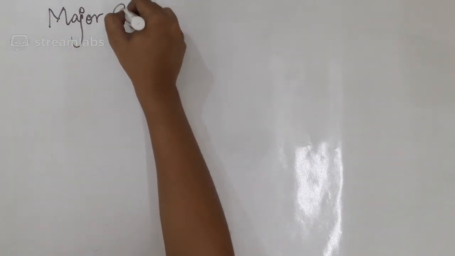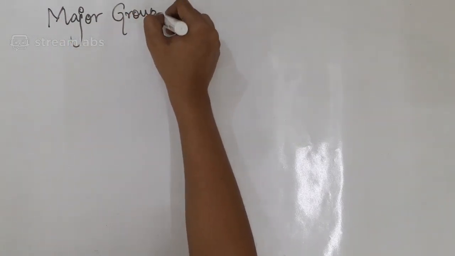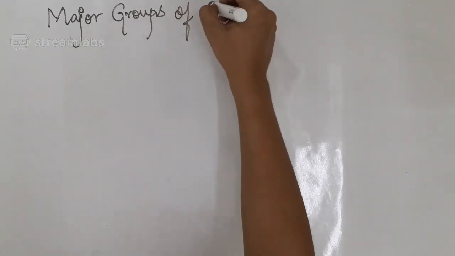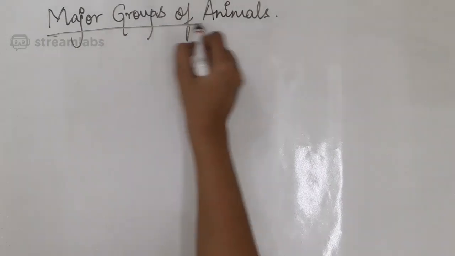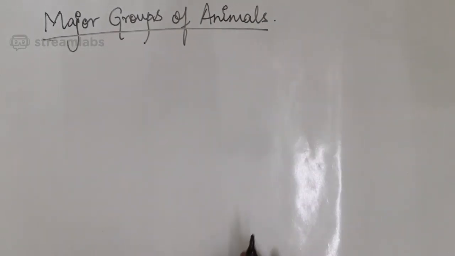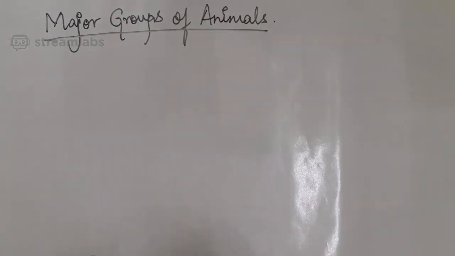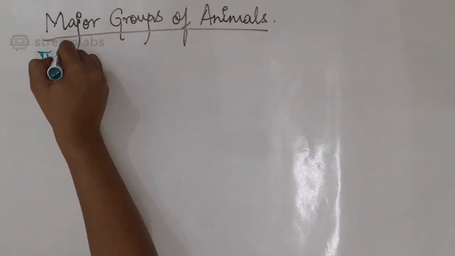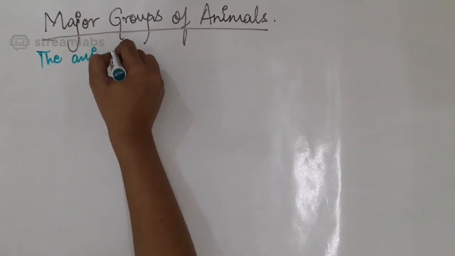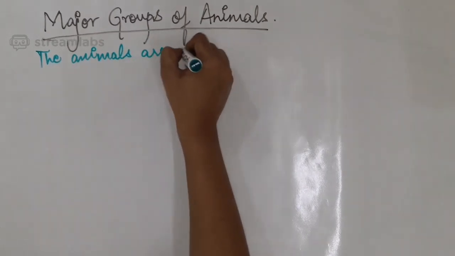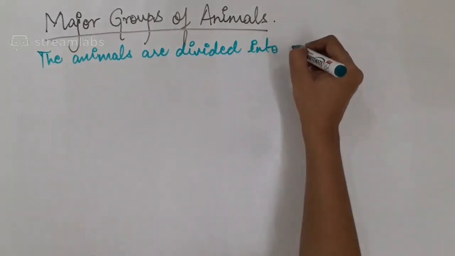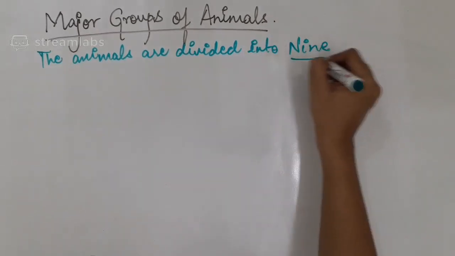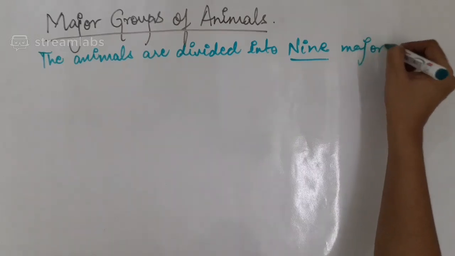The major groups of animals. In this, the animals are divided into 9 major groups.